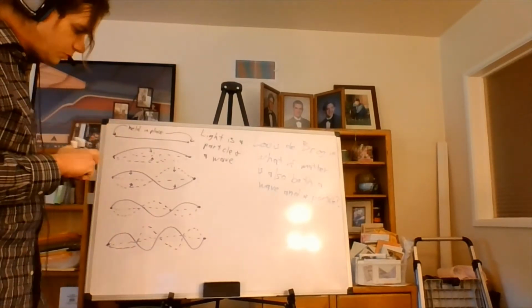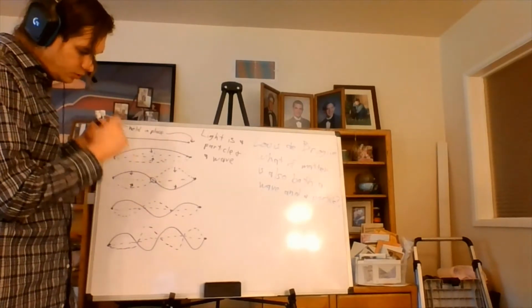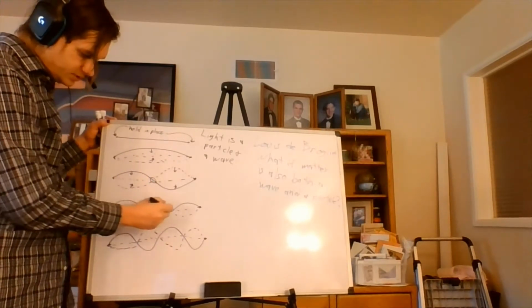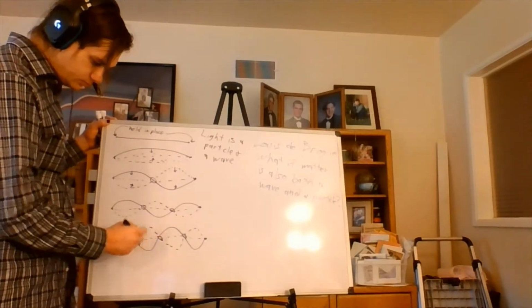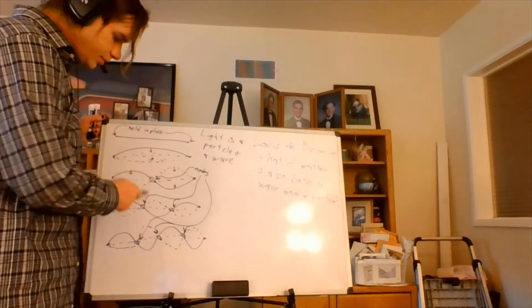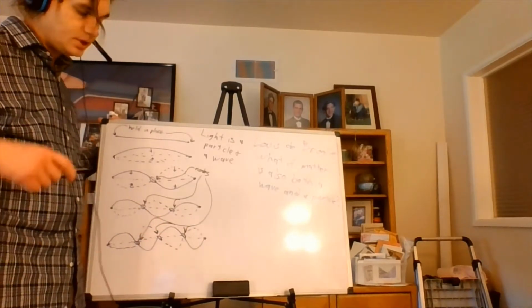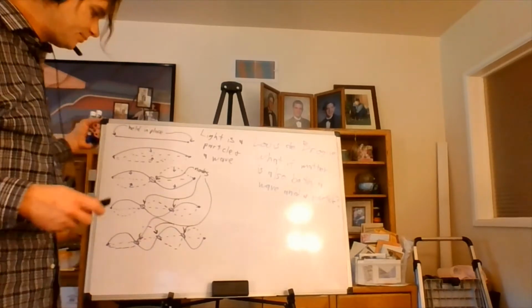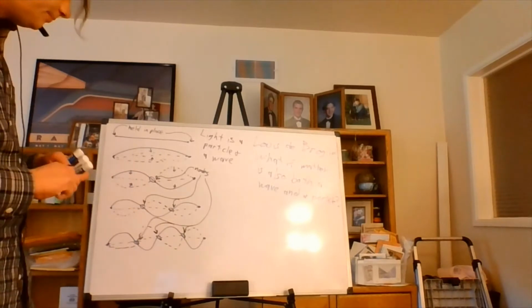These places where the wave passes where it was before, these are called nodes. The nodes are actually going to be very important later when we talk about the shapes of the orbitals that electrons are stable in. But for right now, just put that in the back of your mind.